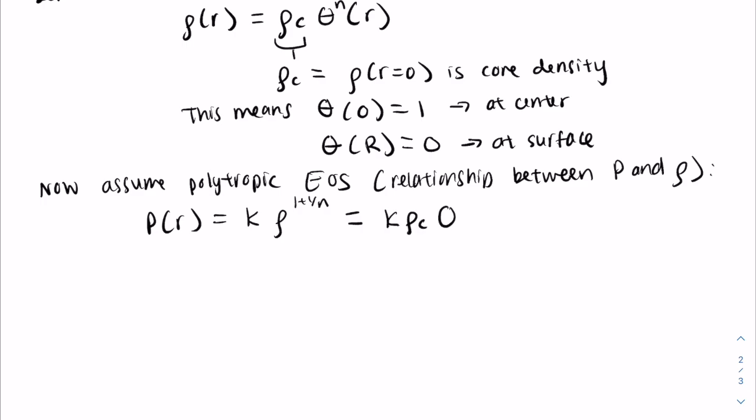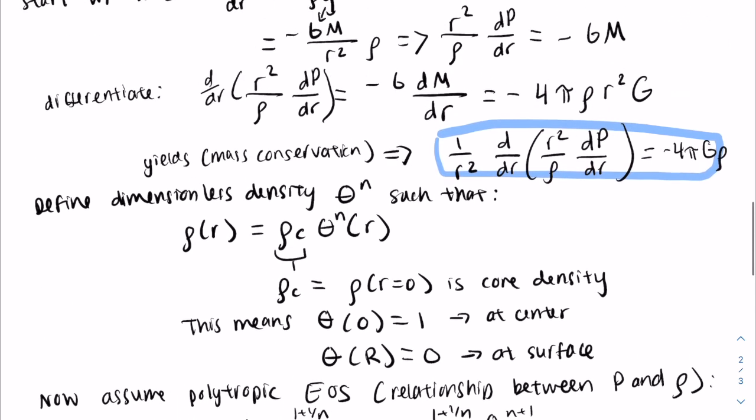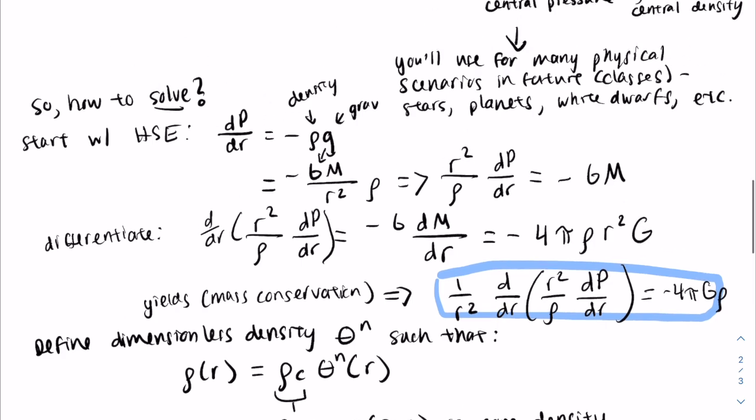And then again, just like we did above, we can rewrite this in terms of the density at the center of our star, the core density rho c. And then we can write this in terms of our dimensionless density theta. And this also lets us write just this part right here, back above when we defined the polytrope.